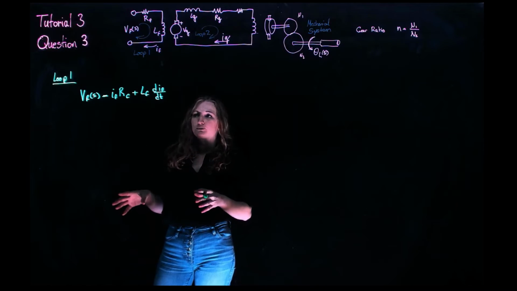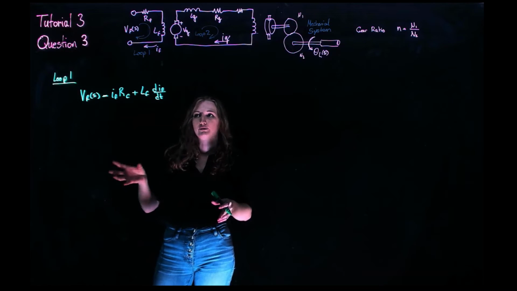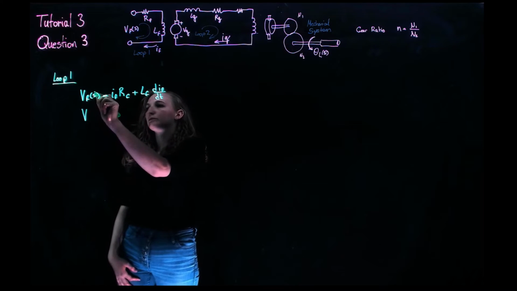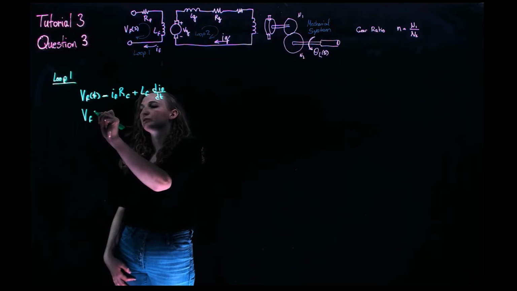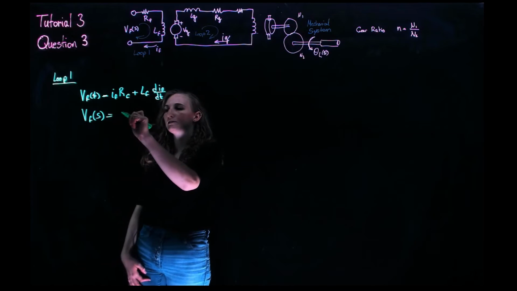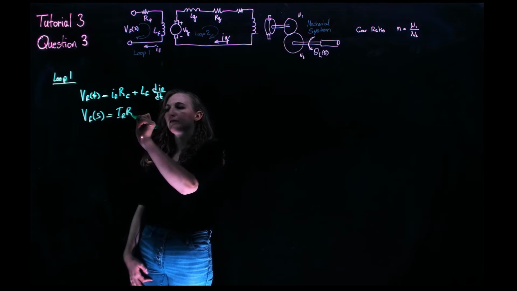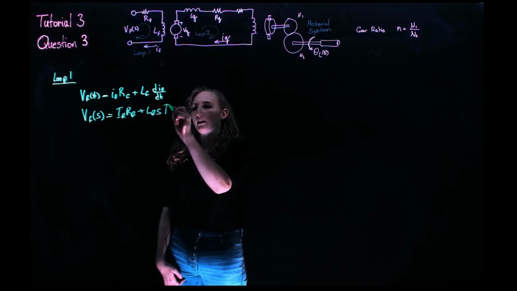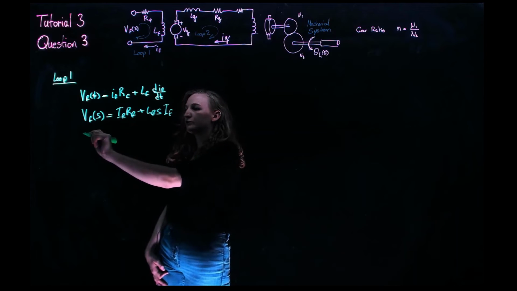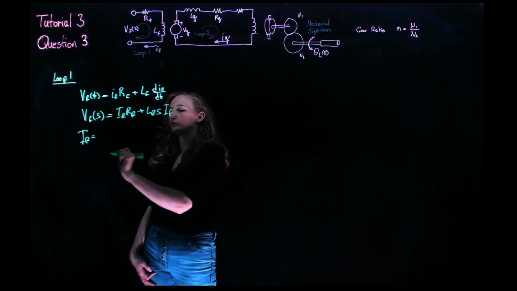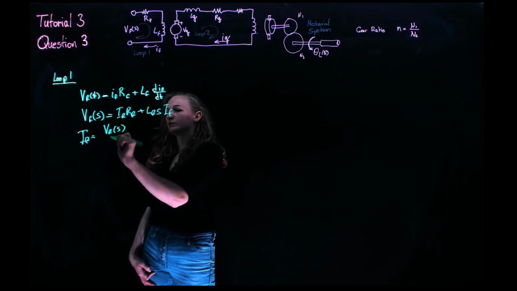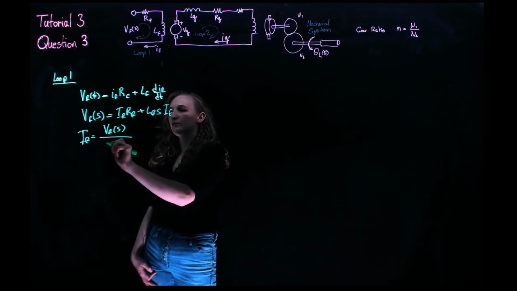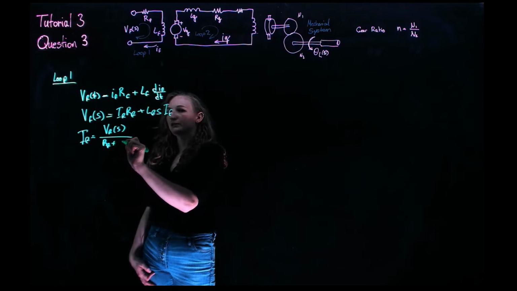But what we're going to do is take the Laplace transform and rearrange this right away. The Laplace transform, oh, this is supposed to be t. So once we take the Laplace, this is V_F of S, we get I_F R_F plus L_F S I_F. Rearrange, and we have I_F equal to V_F of S divided by R_F plus L_F S.